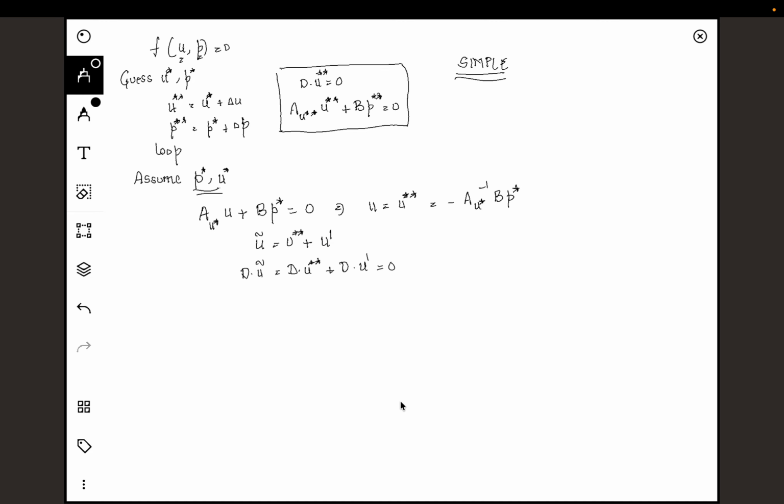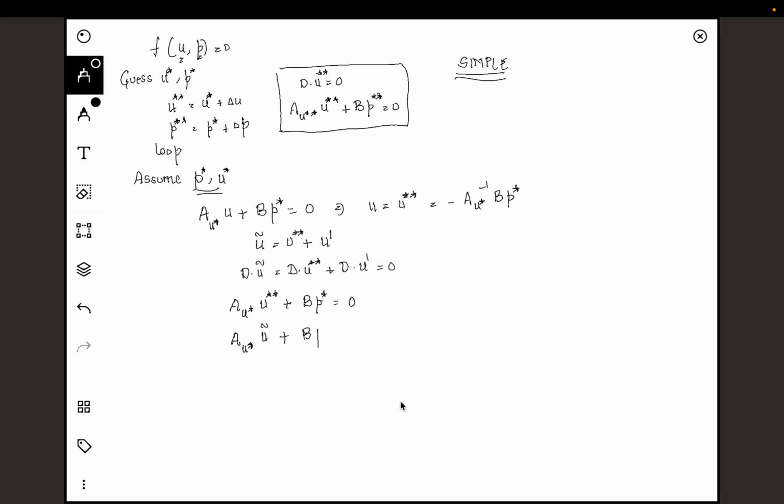So for that, what we will do is we'll take the original equation, a u star. We already know the solution where u double star will satisfy this equation. Now, the new pressure for the next iteration that I will be doing will also have to satisfy this equation. So let's say a u star times whatever new velocity I am getting. Of course, for the new velocity u tilde, the pressure need not be the same.